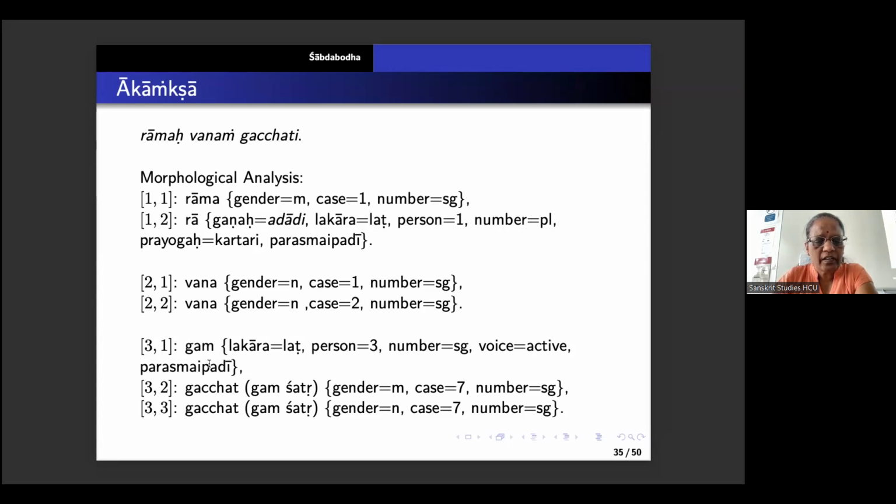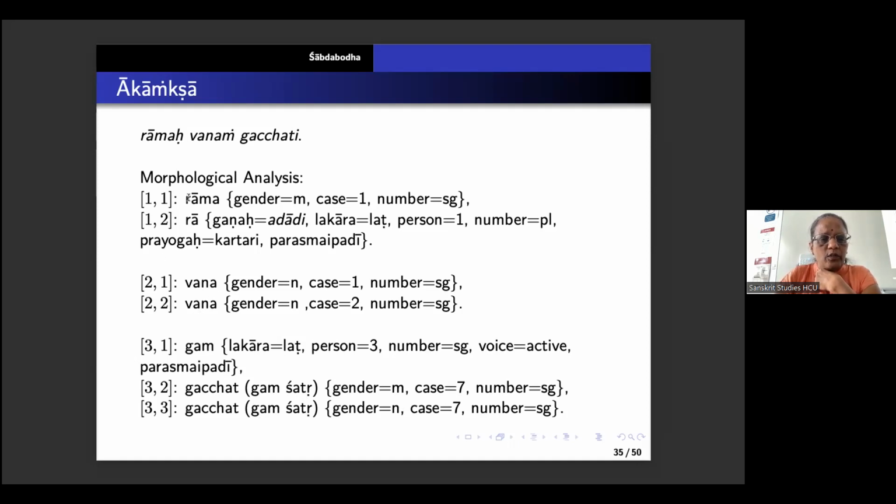Gacchati has three analyses: gum as the verbal root, present tense, third person singular active, or it may be a locative case of either masculine or neuter in singular of the participle gachat, which is derived from gum by adding a specific suffix. So we have these 7 total analyses.